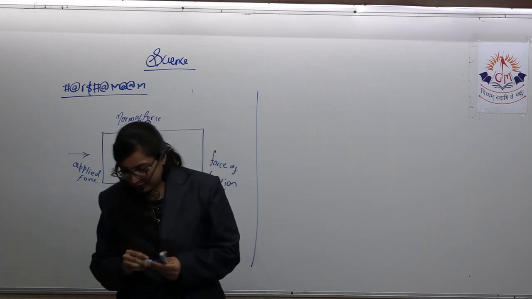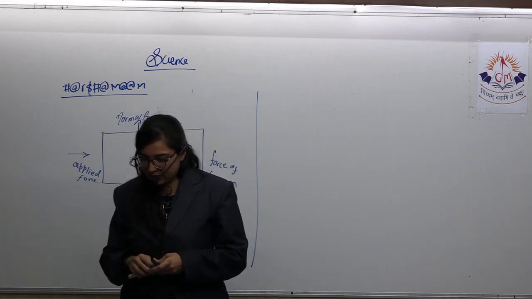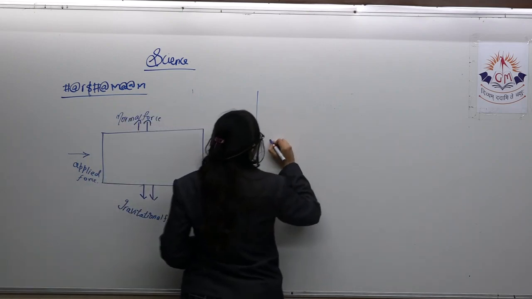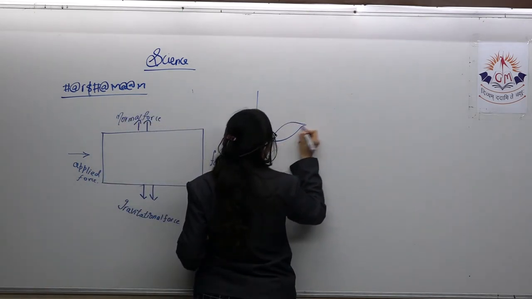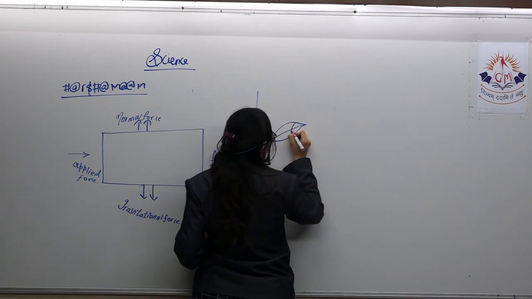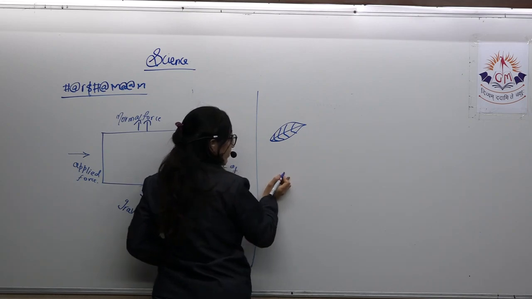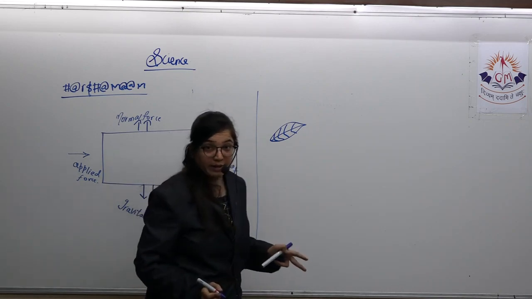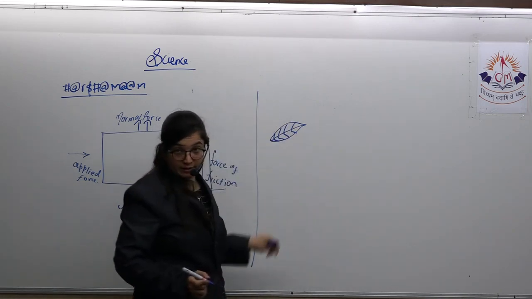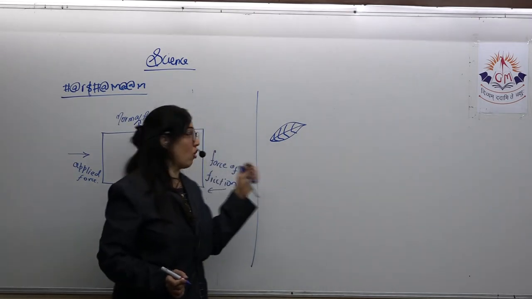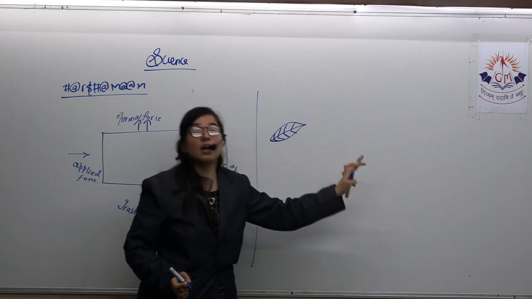The very first one: force of gravity exerts a force on the falling leaf. This is a leaf which has got detached, so it is falling. When it is falling, wind can blow in this direction or in this direction.